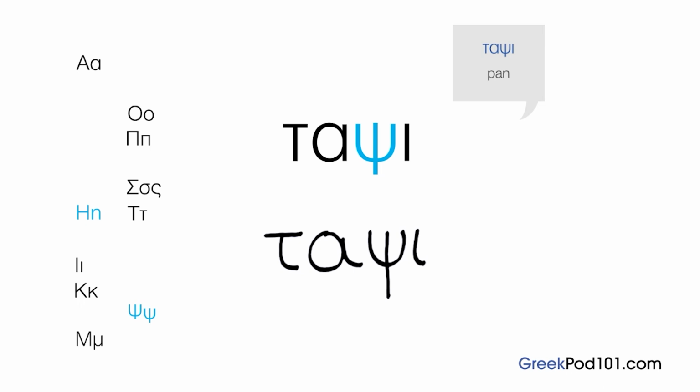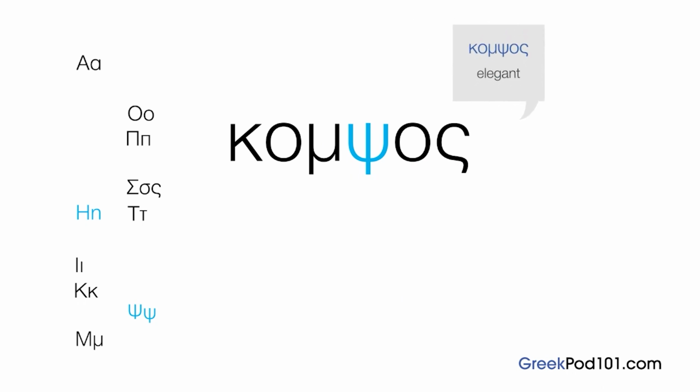How about the word elegant? In Greek, this is kompsos. And even though writing it isn't that hard, saying it is a little tricky, since you have to combine the m and the ps sounds. For the moment though, let's concentrate on the writing part.